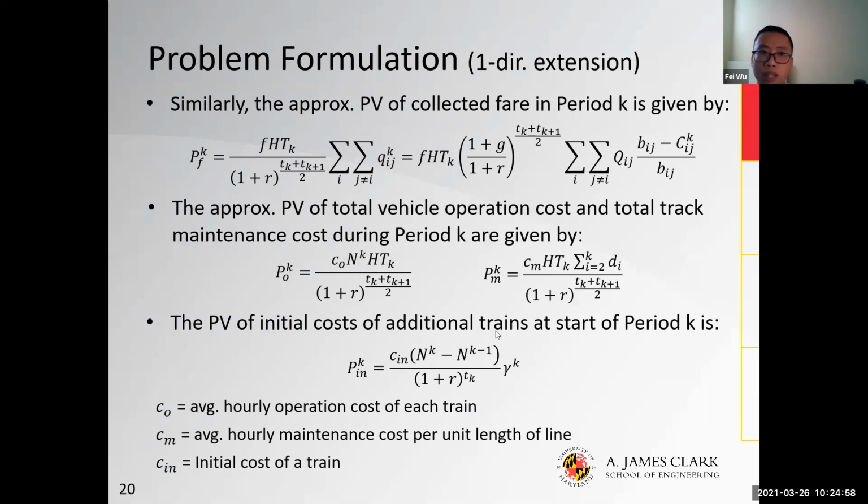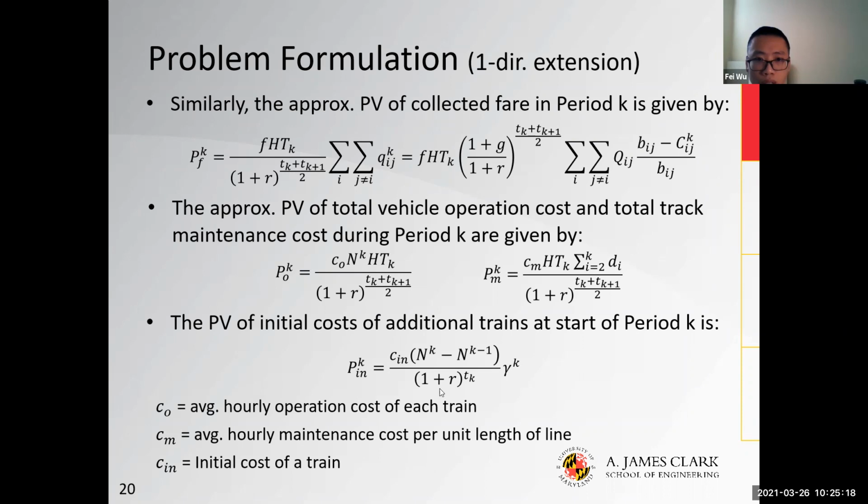We are similarly determining the approximate present value of total collective fare in phase k, and also the total operation and maintenance cost incurred during phase k.